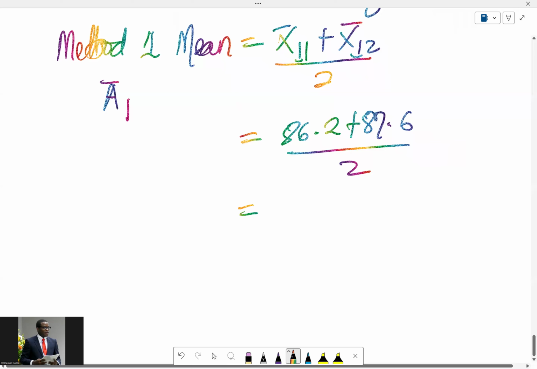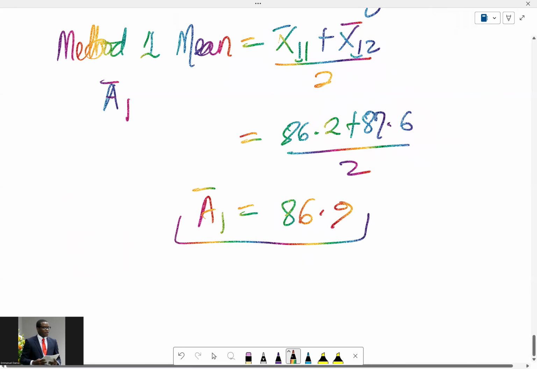So we now have A1 bar to be 86.2 plus 87.6. It's a long journey, so let's go carefully. 86.2 plus 87.6 divided by 2 is 86.9.